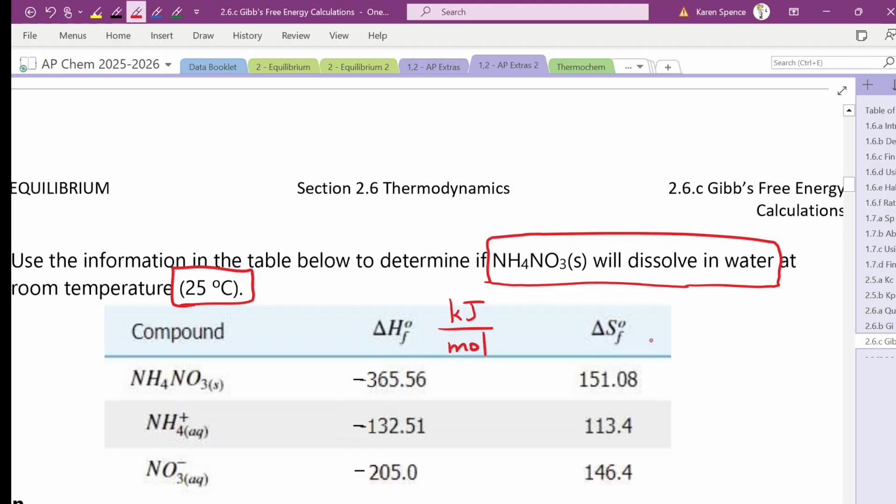We're given values for delta S naught, which is in joules per mole. Per mole what? Kelvin. Okay. In order to do this, what do we need to know? Or what do we need to think about or write?